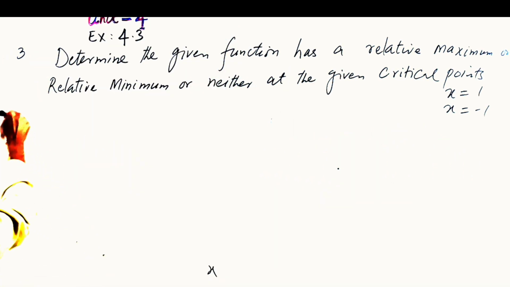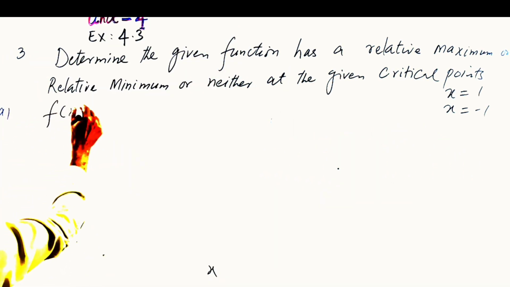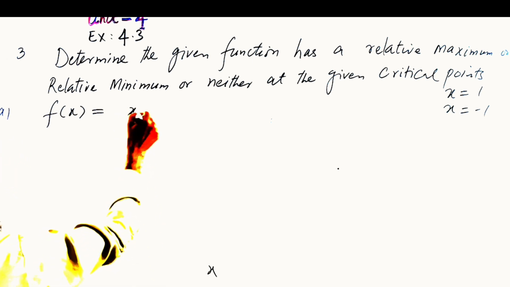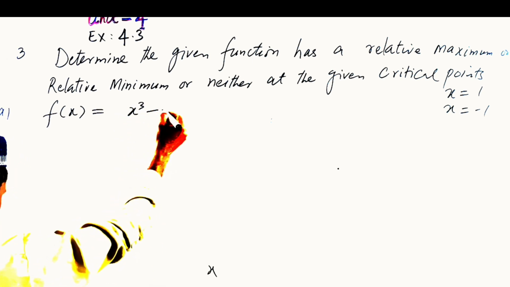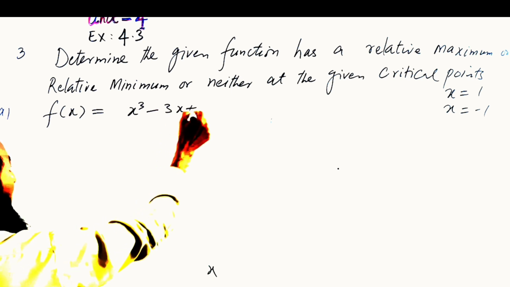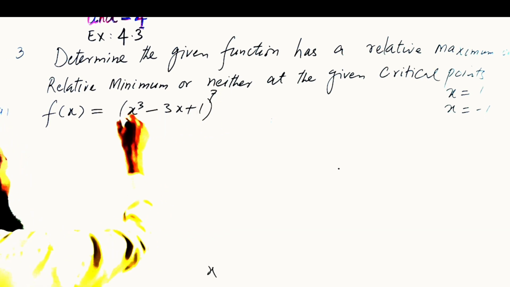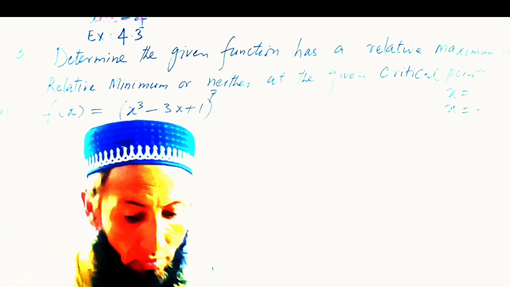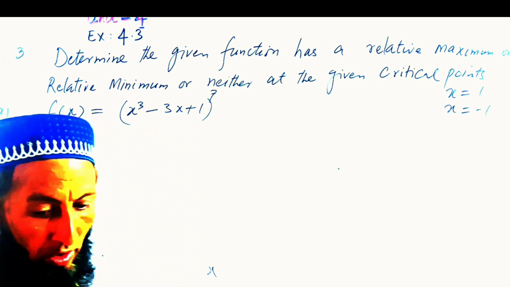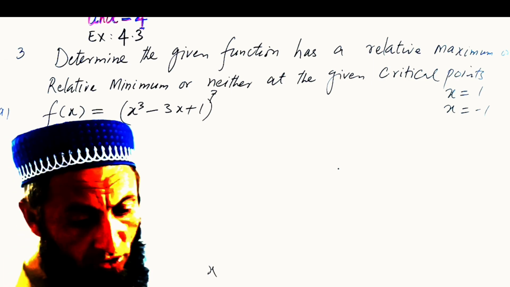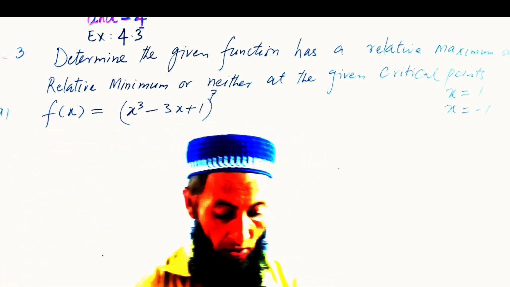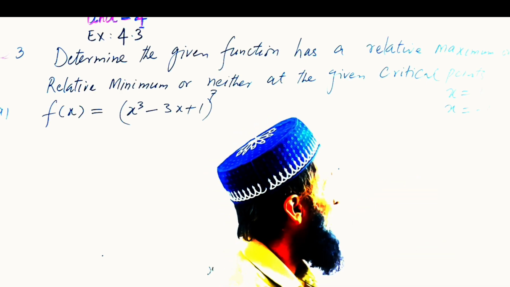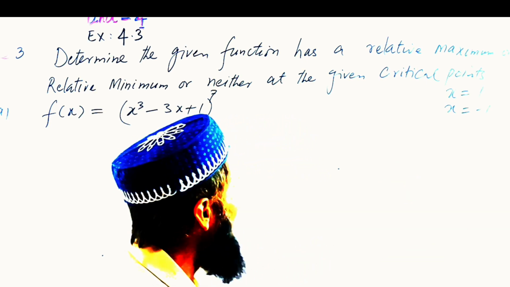The function f of x is equal to x cube minus 3x plus 1 whole power 7, that is, x cube minus 3x plus 1 whole to the power 7. How do we calculate? The given critical points are x is equal to 1 and x is equal to minus 1.